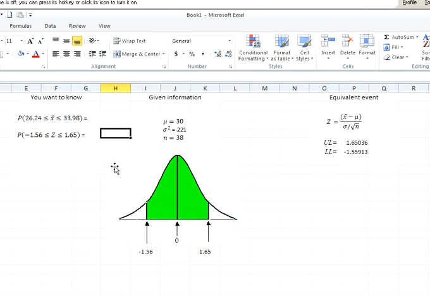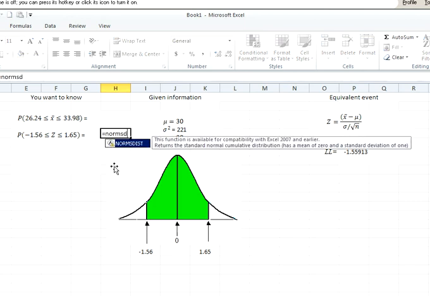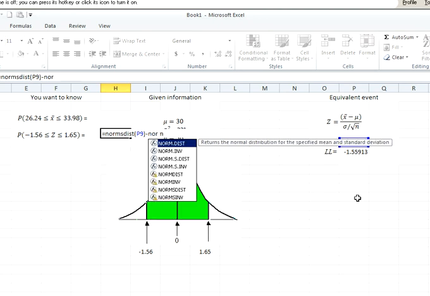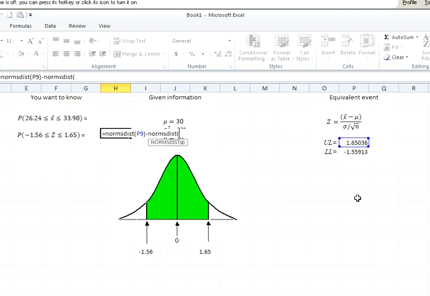You can say equal to NORMSDIST, the higher value right here, minus NORMSDIST, the lower value right here. So, in other words, this whole area minus this white area will give you this green area.